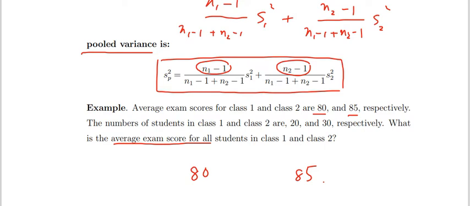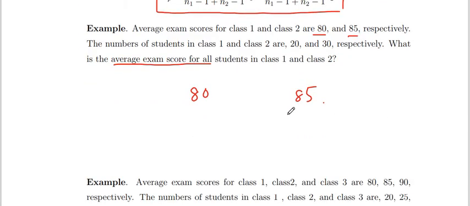So you cannot simply use their averages, 80 plus 85 divided by 2. This is a big mistake, right? You cannot do this, 80 plus 85 divided by 2. This is totally wrong because we need to consider their class size.